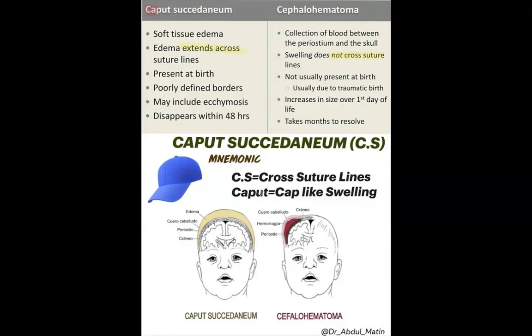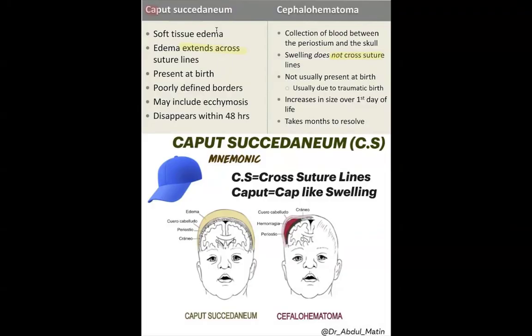The mnemonic here is CS: caput succedaneum usually crosses suture lines. Caput means cap-like swelling, whereas cephalhematoma is a collection of blood and it will not cross the suture lines. This is very important.